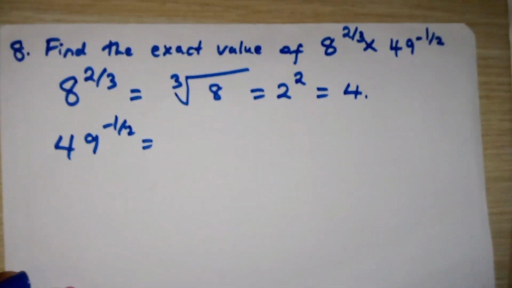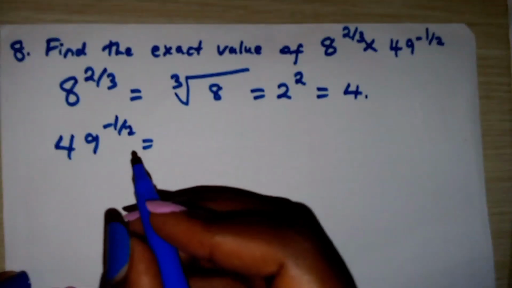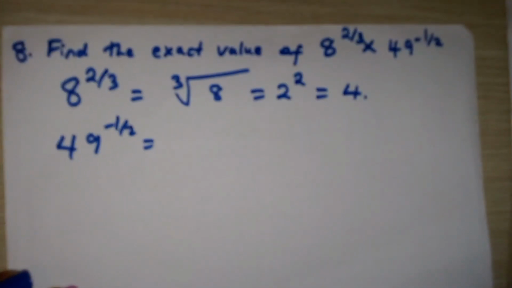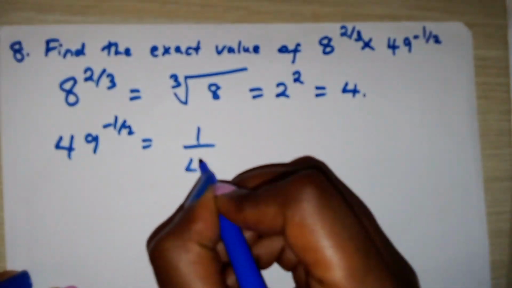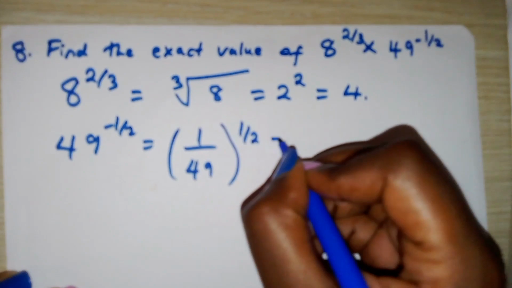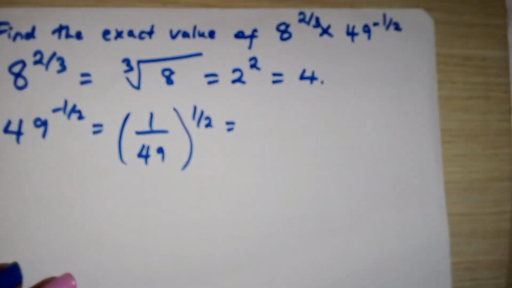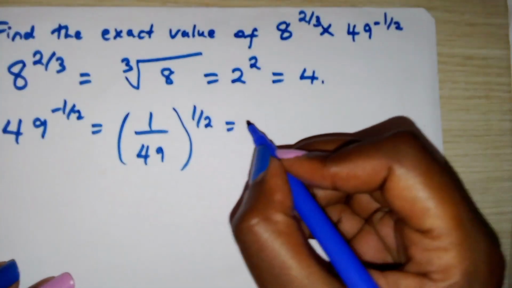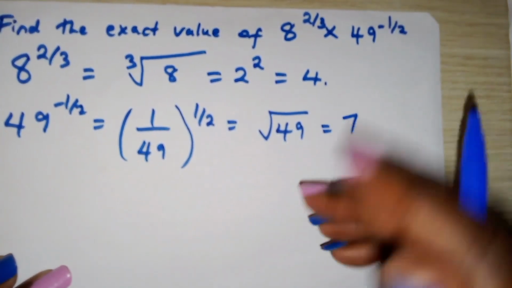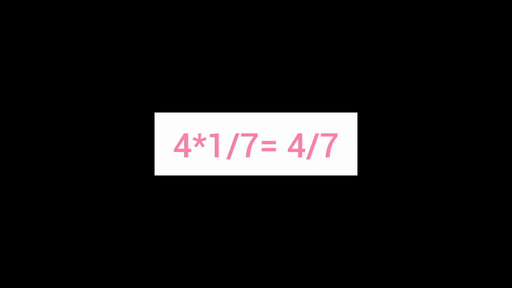This negative is a flip because it's a negative power, so it becomes 1 over 49. And then half is the same as square root. So the square root of 49 is 7. The square root of 1 over 49 is 1 over 7, times 4 is 4 over 7.